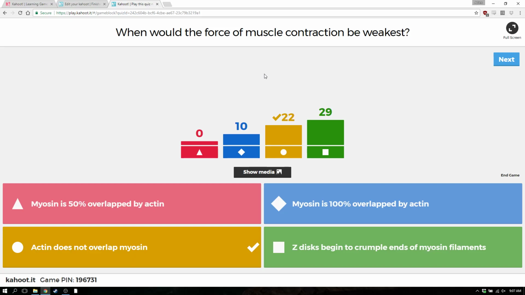All the myosins overlapped with actin. You start to see a decrease in contraction, though, if you were to shorten the sarcomere even further, to where you see the Z disc start to crumple in the ends of the myosin. You saw a decrease in contraction force, right?